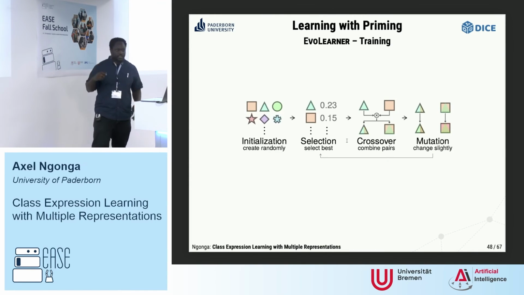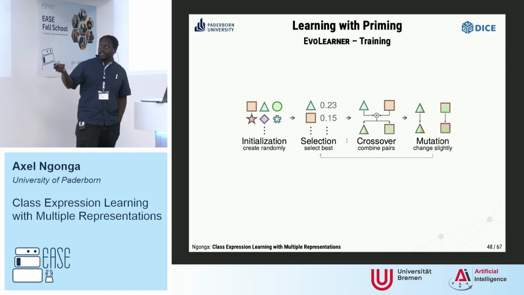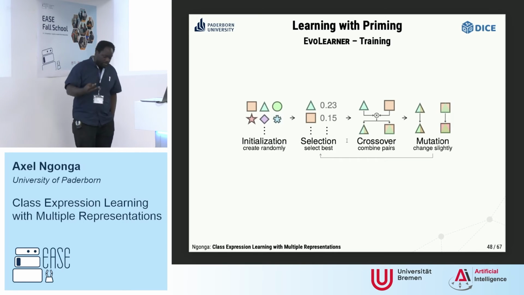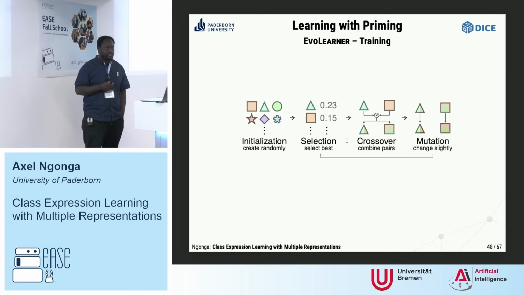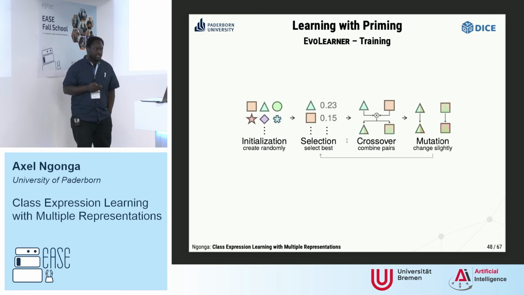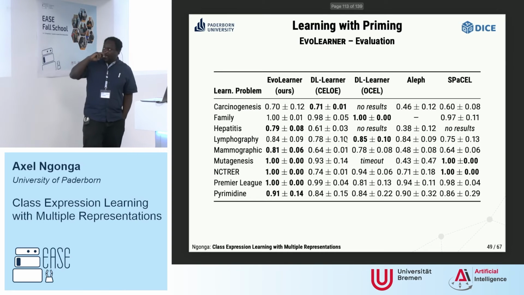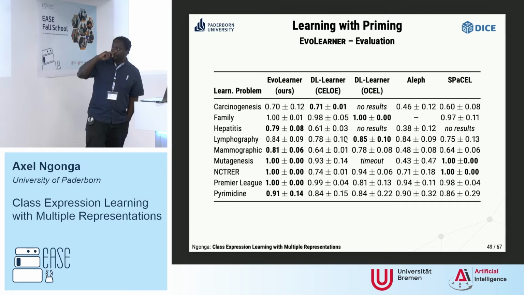As I mentioned, training is pretty straightforward. We initialize, not really. Classically, one would do that randomly, but what we do here is really we take these candidates which we've generated from the positive examples, and then we run selection, crossover, and mutation exactly on this population. How does this perform?